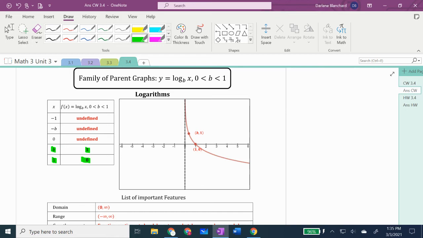And what might actually be easier to use, as long as I'm writing the bases as 1 over some number, like 3 or 1 over 4, then the reciprocal of that base, so in this case, the reciprocal would be 3, will give you a y value of -1 instead of a positive 1.